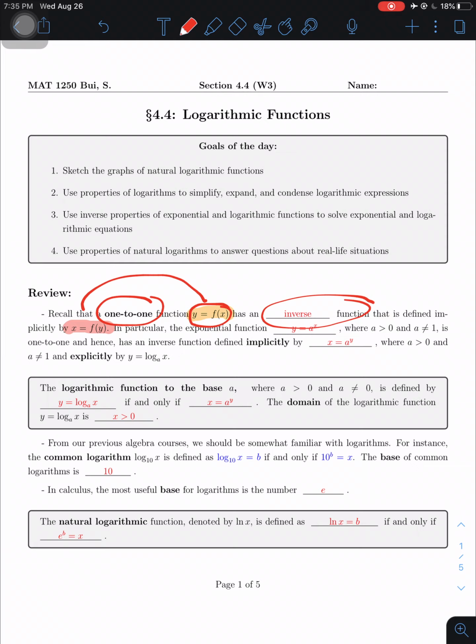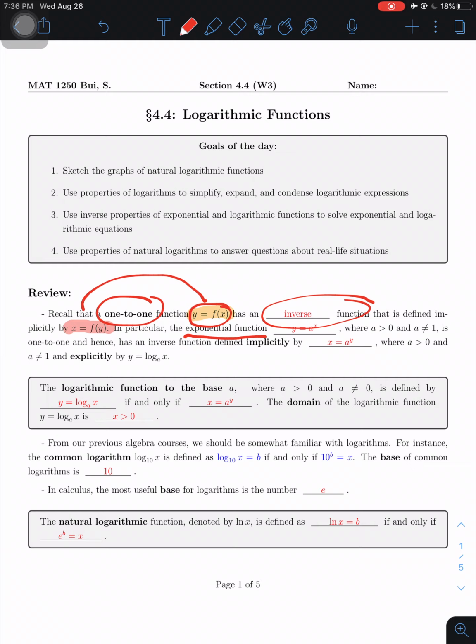So in particular, the exponential function y equals a to the x, where a is greater than 0 and a must not be 1, is one-to-one, right? And hence it has an inverse function. For the inverse function of the exponential function, we have two ways to define it.